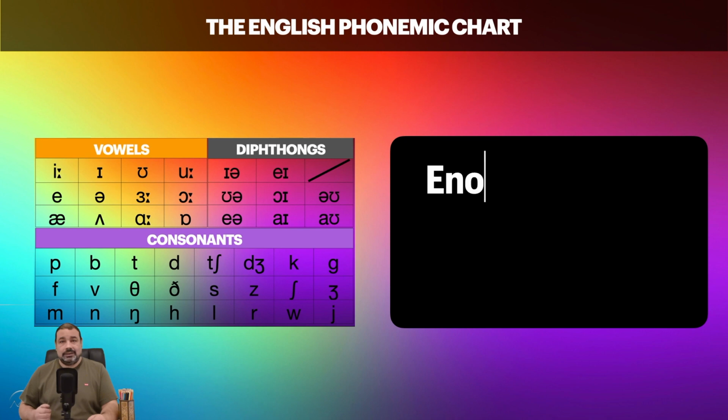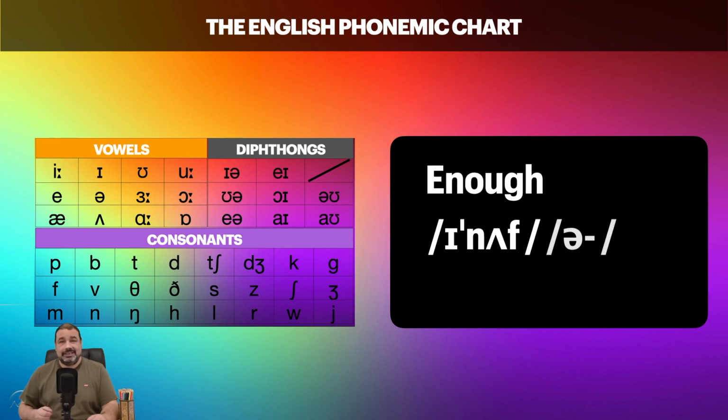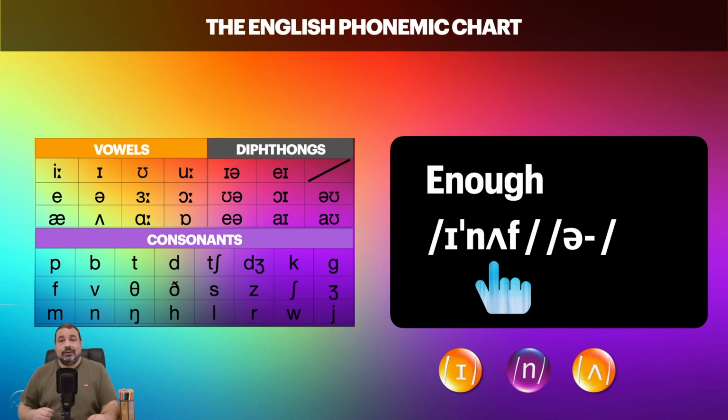In the second case, this is a two-syllable word formed by four sounds and has two possible pronunciations. Let's see. The first symbol in this word represents the vowel sound U. The second one is the consonant sound N. Okay, and you know the third one. Oh, good.